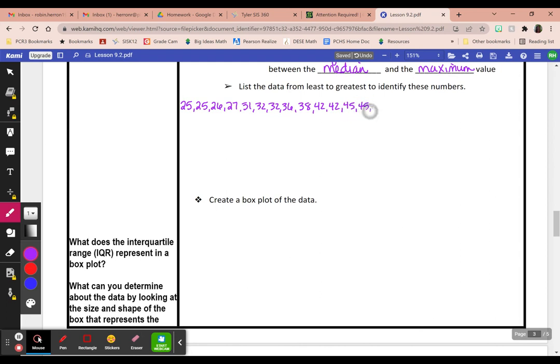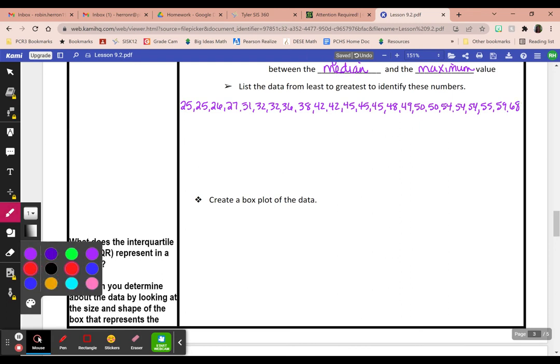It's important that we list all of them, even if they repeat, because that gives us the middle as a different number if we don't. 48, 49, two 50s, 3 of the 54s. 1, 2, 3. Then we have 55, 59, and 68.